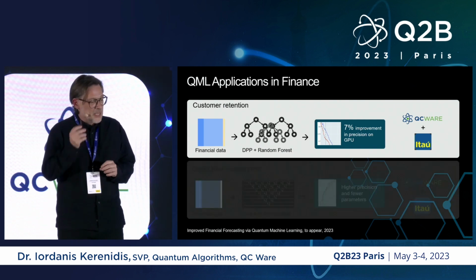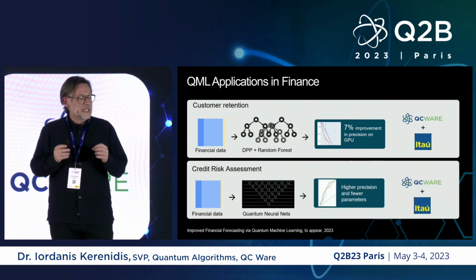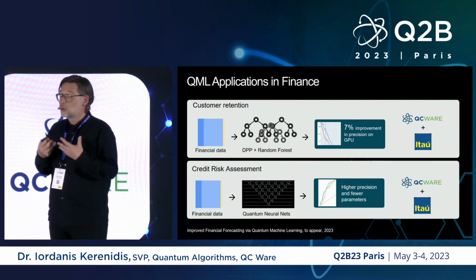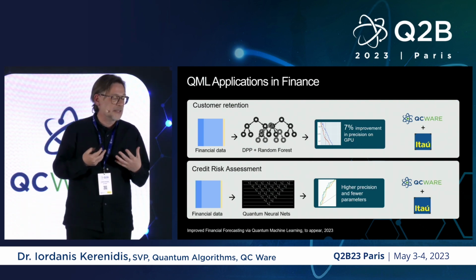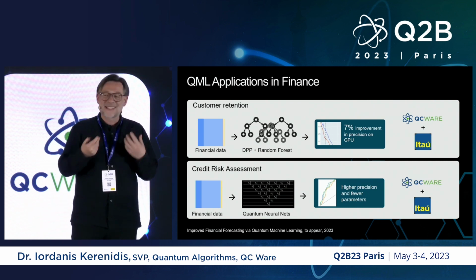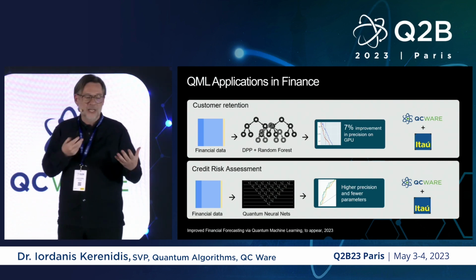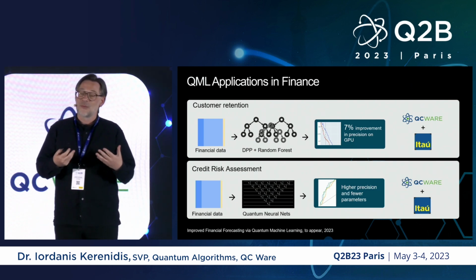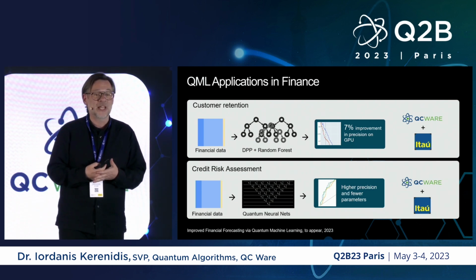Okay. Here is a second example. Here we had to come up with ideas on developing and designing quantum neural networks, right? And we did this in order to be able to assess the credit risk of small and medium enterprises. So a small or medium enterprise comes to the bank, they ask for some credit.